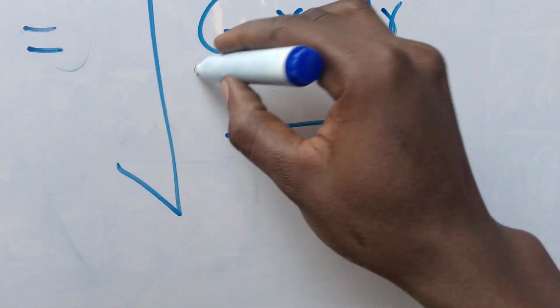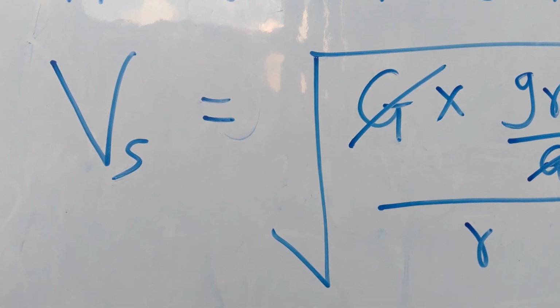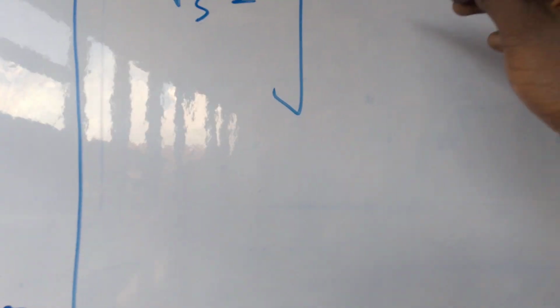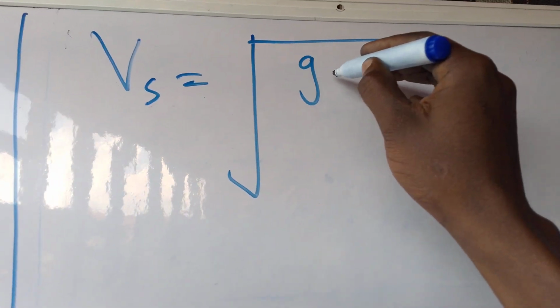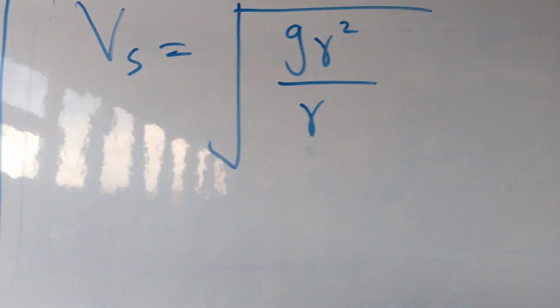So capital G will eliminate this, and finally I'll be having the velocity of the satellite as the square root of small g r squared over small r.